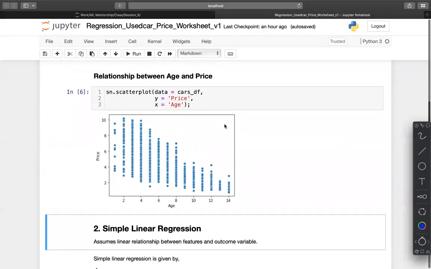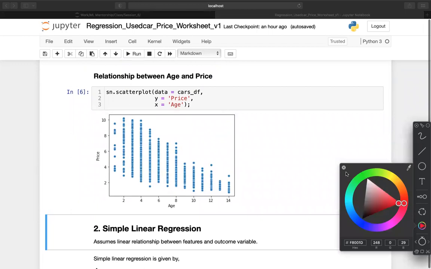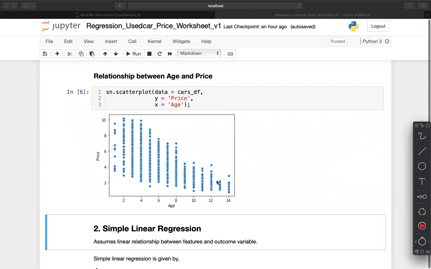Now the question is, how do you even find the line? Because if you look at these points, the way they are scattered, we could have drawn several possible lines through those points, isn't it? Now, out of these possible lines, which is what we call the best fit line, which should we take, which fits the data points the best?